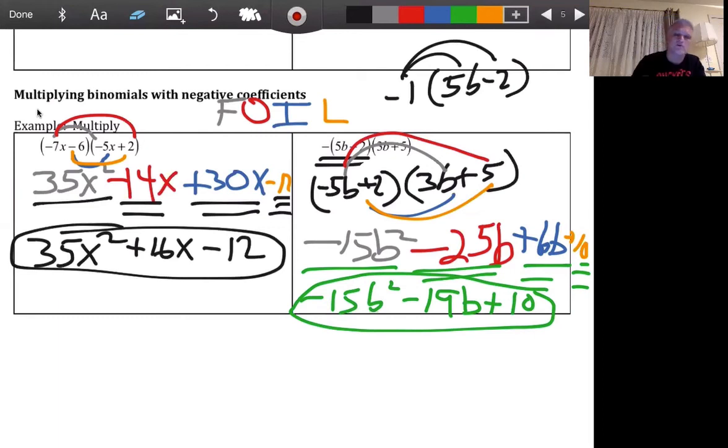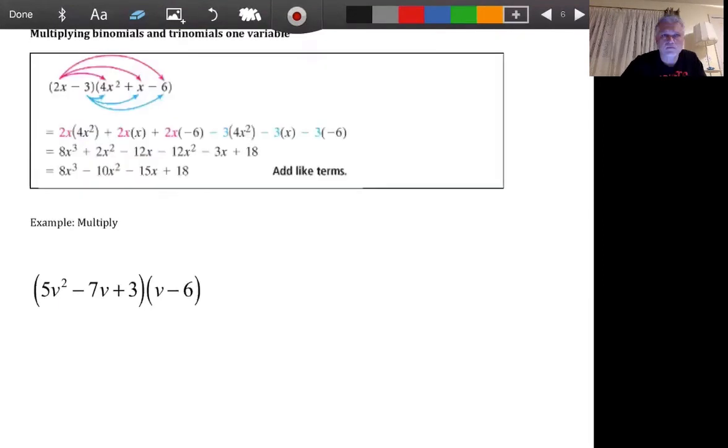Okay, all right, let's go to the very last page. If you remember last notes, day 2 notes, when I said FOIL is cool to remember, making sure that you take all 4 of the terms and get your products.